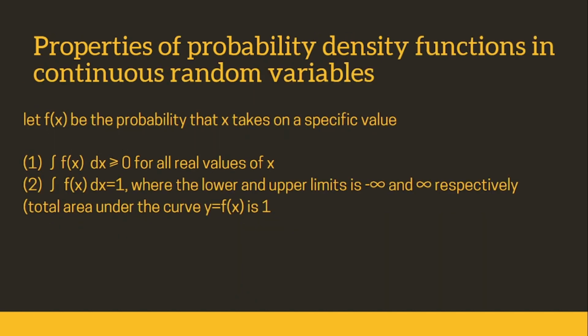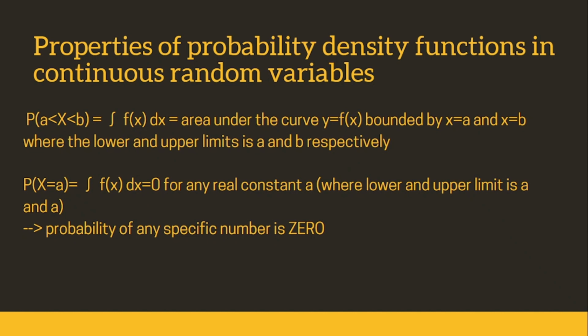The properties of probability density functions in continuous random variables are as follows. We let f(x) be the probability density of x. If we integrate f(x), we will get a certain probability, and this will always be greater than or equal to 0 for all real values of x. Then if we take the lower and upper limits as negative infinity and infinity respectively, the entire area beneath that curve should be equal to 1.